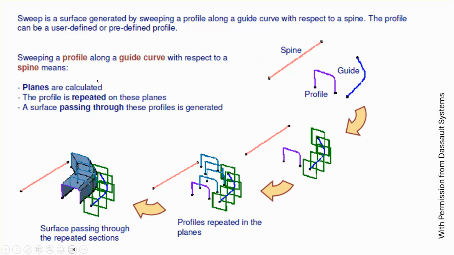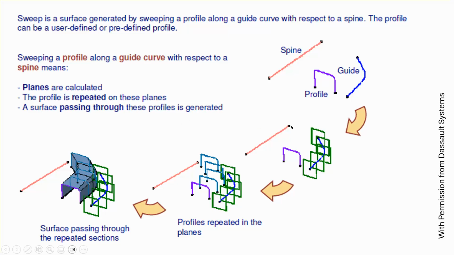Okay. Now, sweeping a profile along a guide curve with respect to a spine. So we have a profile sweeping along a guide curve with respect to that spine. Essentially, this internally involves planes generated which are normal to the spine, and the profile is repeated on these planes.